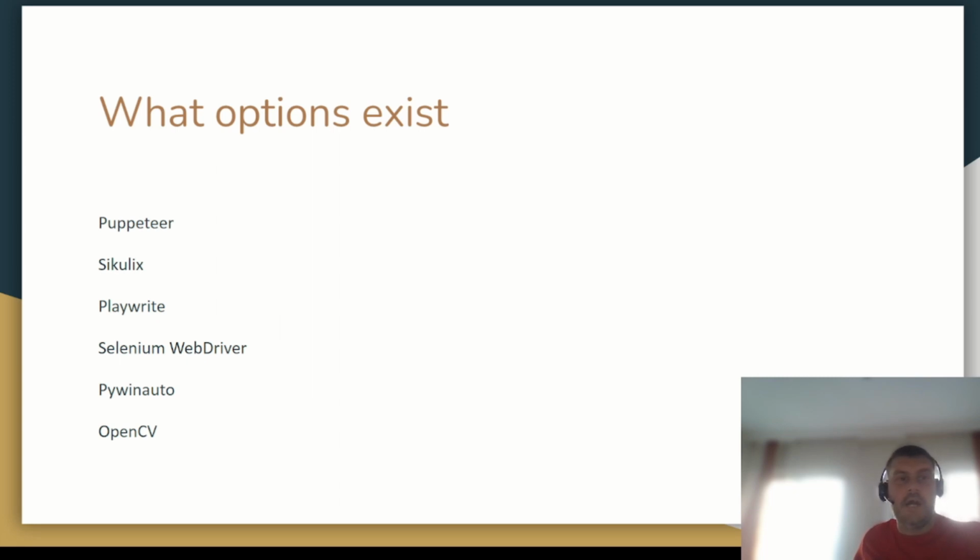Puppeteer and Playwright are frameworks that seem to be built around Selenium WebDriver. They definitely focus more on testing, but they're good tools nevertheless. I think both of them were feasible. The next one is called Sikuli.